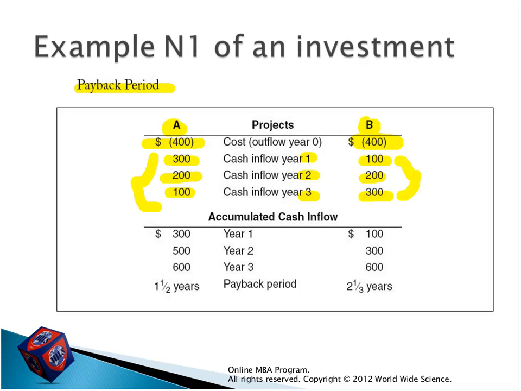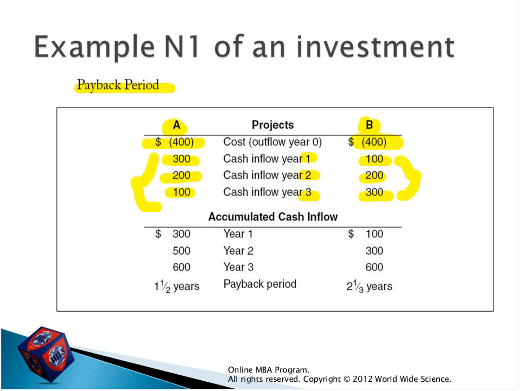But here is the difference. In project A, the profits are higher in the earliest years. You see, in the first year it already brings 300 of cash back. But in project B, the profits are lowest in the first years.